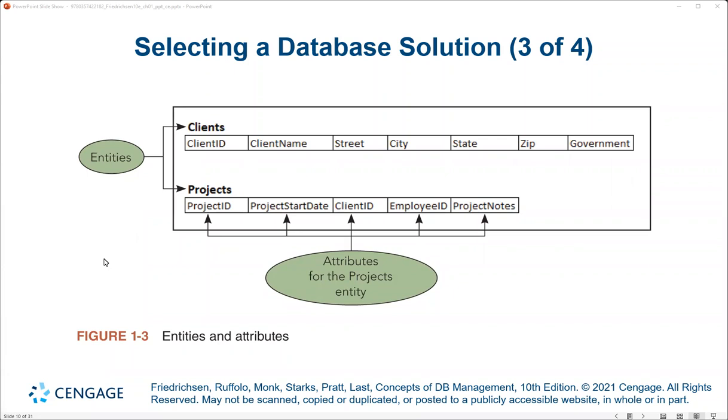You can see that the relationship between these two is the client ID. Client ID is obviously in the clients table, but it's also in the projects table. And that's how those two tables get tied together. We're going to talk a little more in later segments about those relationships and what they actually mean.